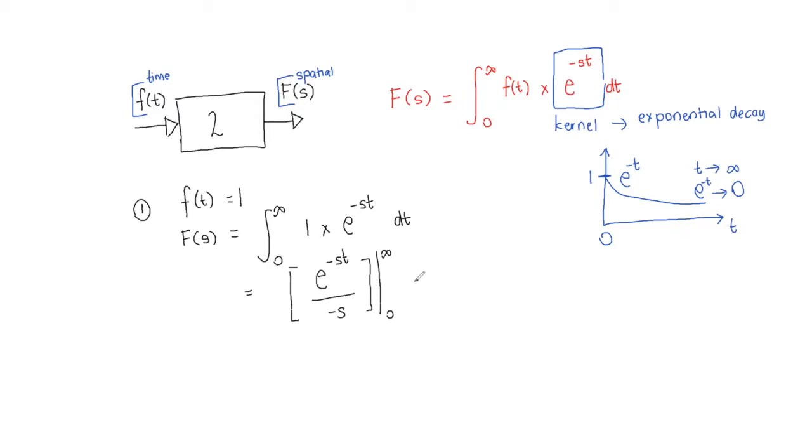Okay, so when we try to substitute this value, let's substitute it first. Exponential to the power of minus s, first we substitute the value infinity. We minus with exponential to the power of minus s, we substitute the next limit, which is 0. Okay, and don't forget it must be over minus s. So if you realize this, coming back to the exponential decay function, when it is at infinity, it is actually 0.